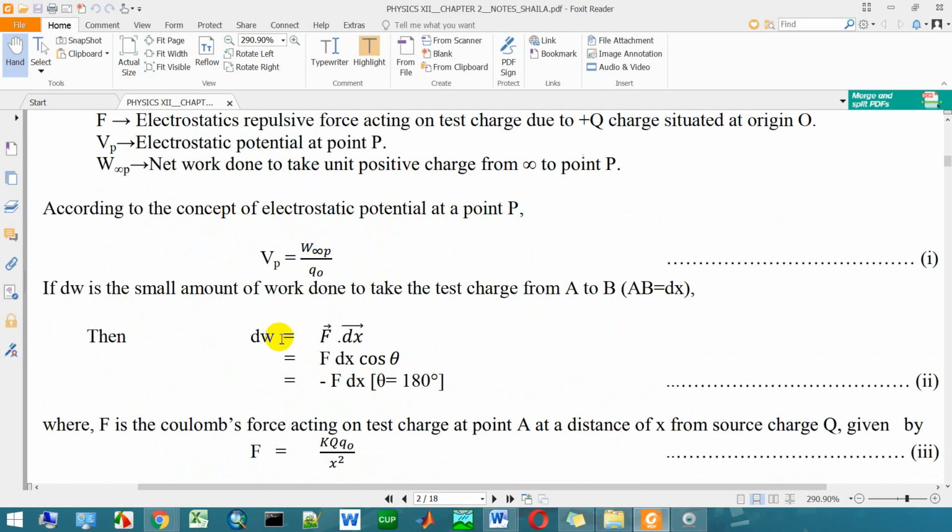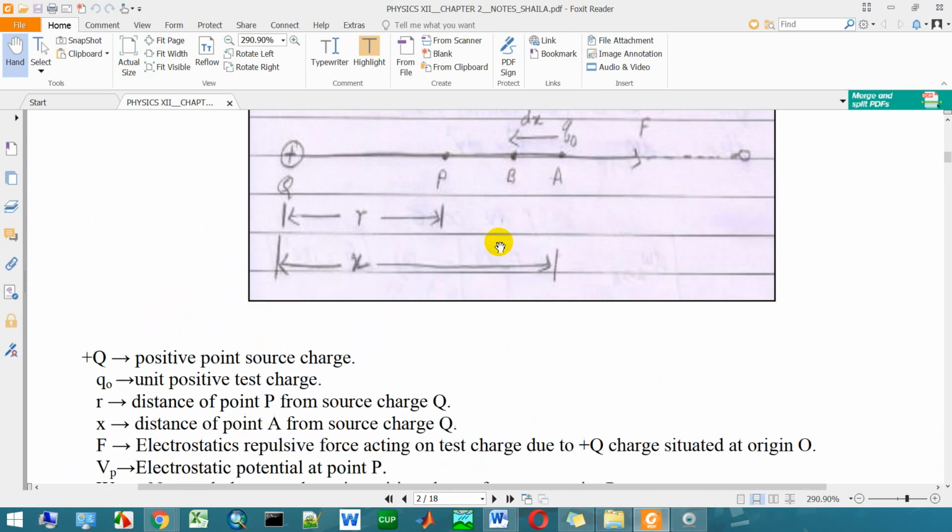First, we find the small work done to take the charge from point A to point B. Point A is at a distance of x from plus Q, and the distance between A and B is dx. The small work done is the dot product of the force vector and the displacement vector.